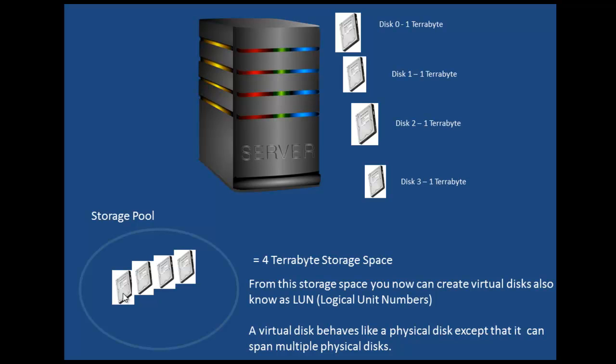So I'm able to span all the multiple disks that I have here in the storage pool. Whereas, if I didn't have a storage pool, I would only be able to use the space on disk 0 if I were creating probably a volume. I won't be able to span the other volumes. The storage pool allows me to do that.